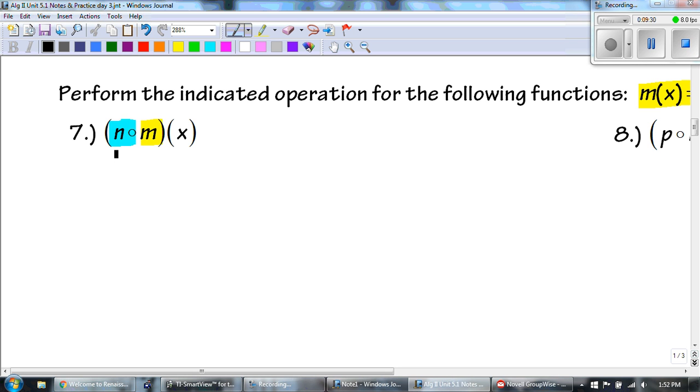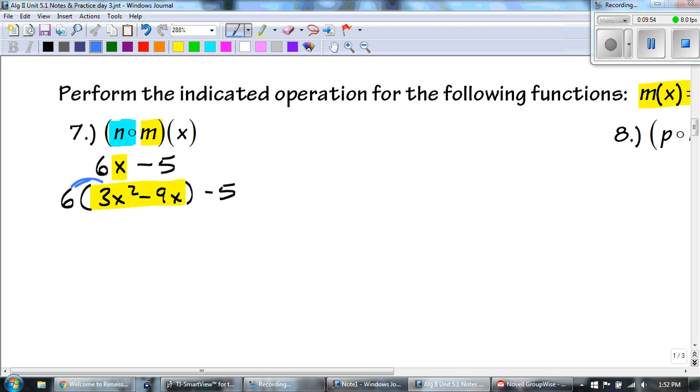So my n of x, 6x minus 5, and then the x is where I plug in my m of x. So we have 6 parentheses 3x squared minus 9x minus 5.